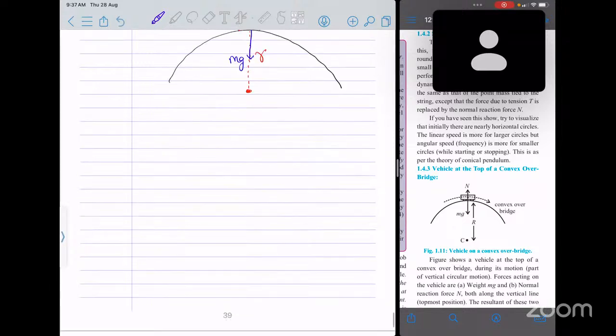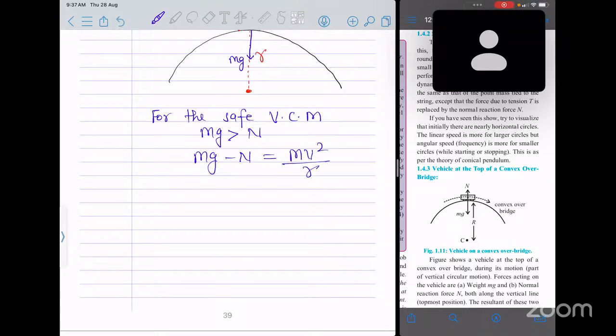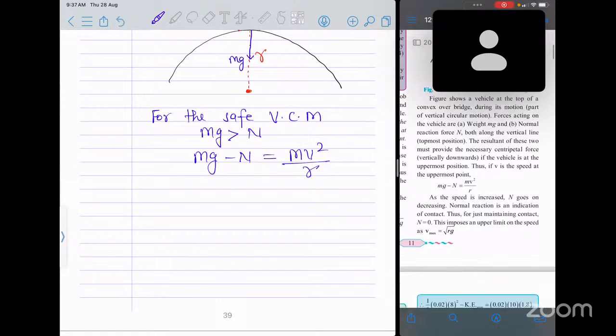Okay, so for the safe vertical circular motion, mg should be greater than normal reaction. So mg minus N will give mv square by r.